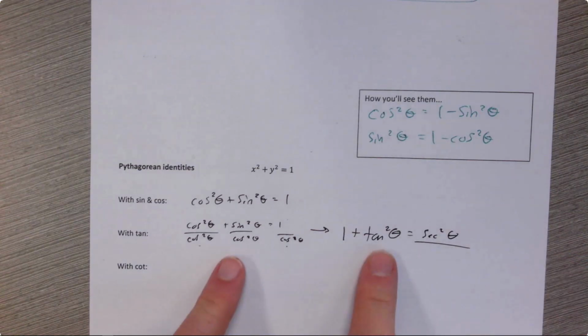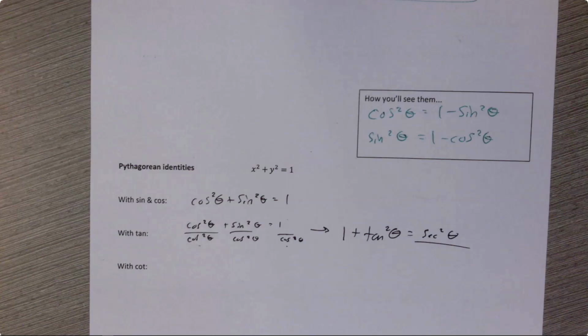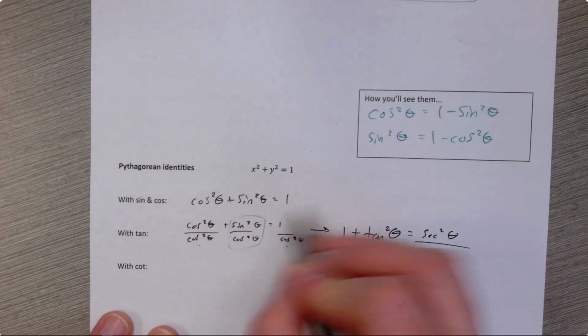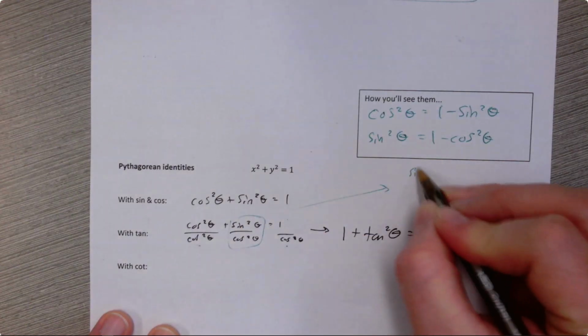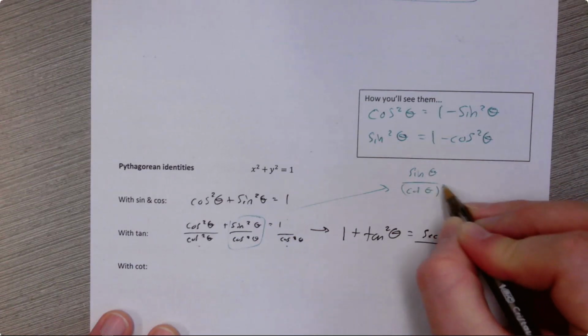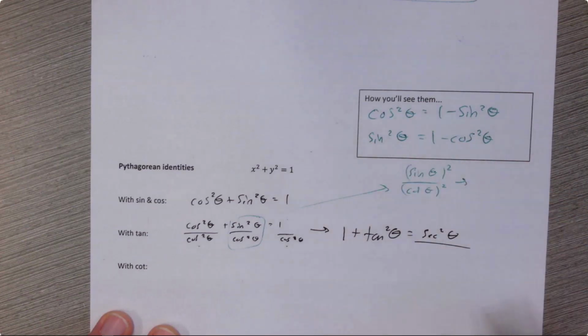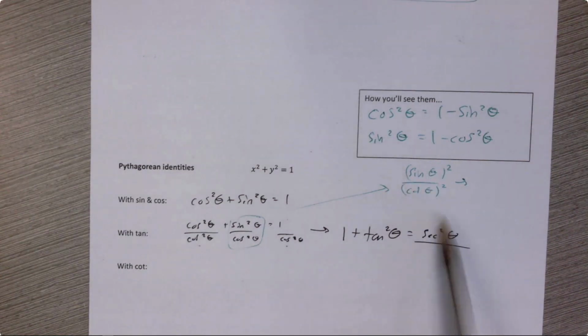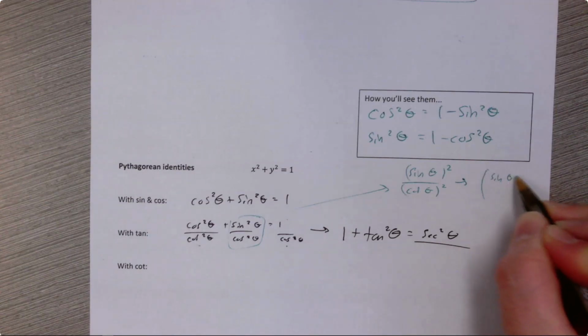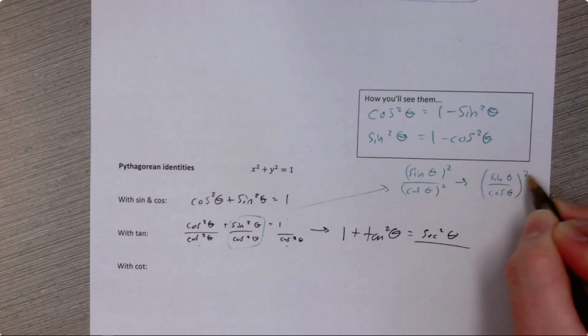Somebody asks, why is it tangent? That's a great question. Let's pull out a box here to see why. I've got sine squared over cosine squared, and I'm going to rewrite it this way. The way that I've notated this, you're squaring the numerator and squaring the denominator separately, but that's the same thing as sine theta over cosine theta, quantity squared.